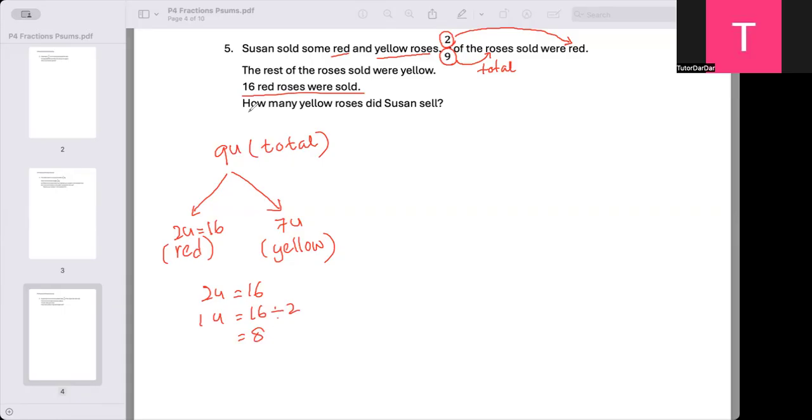Now, what do they want? How many yellow roses did Susan sell? So yellow roses is 7U. So 8 times 7 equal to 56. So this 7U is yellow. This is the answer.